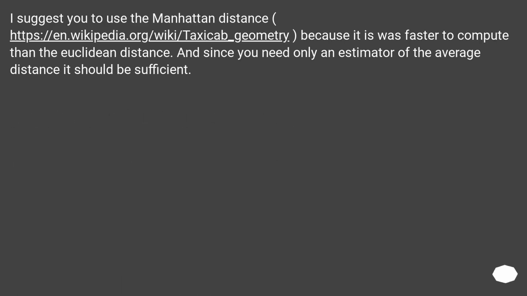I suggest you use the Manhattan distance, because it was faster to compute than the Euclidean distance. And since you need only an estimator of the average distance, it should be sufficient.